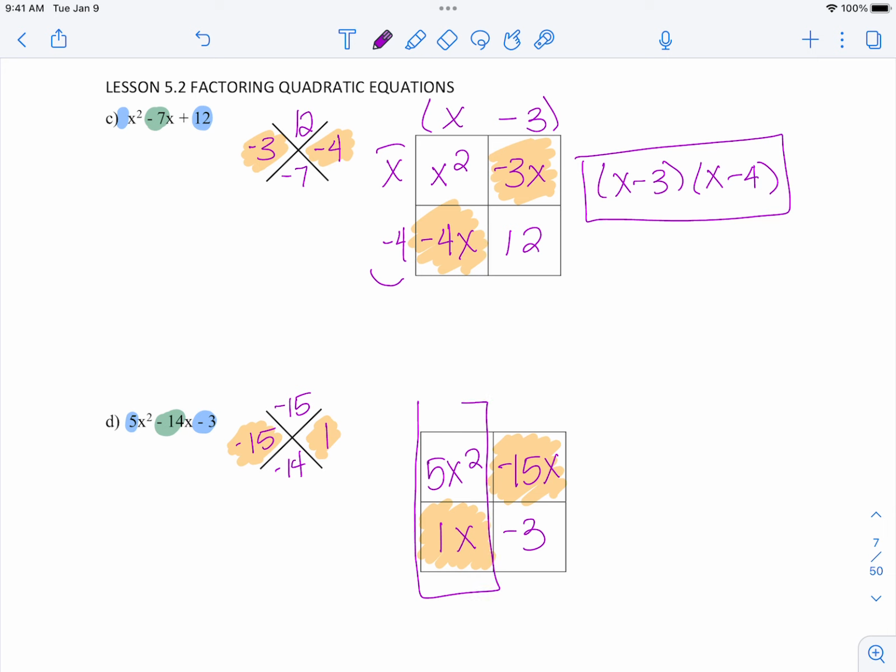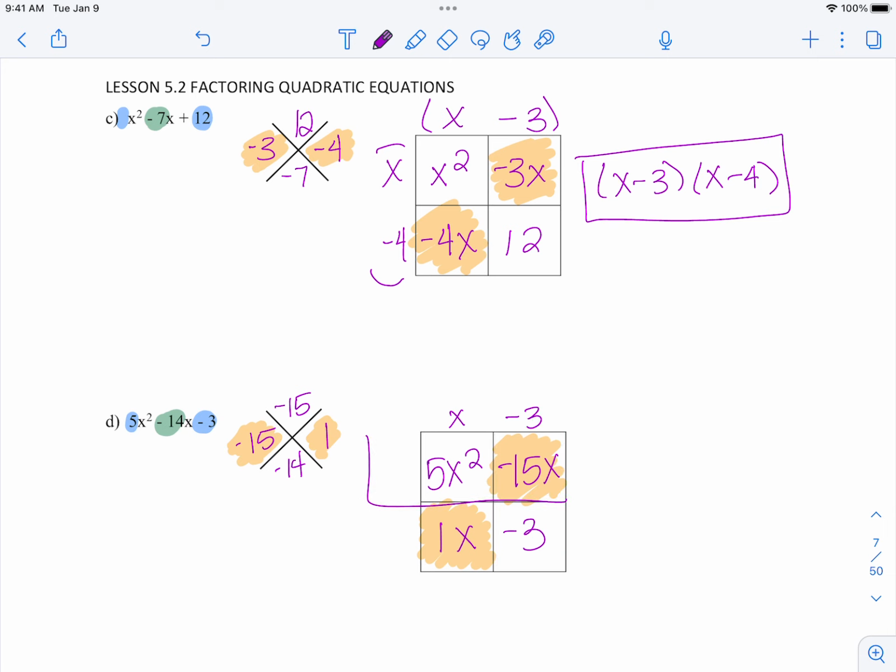Okay, GCF of the first column is going to be x. If we look at the second column, I have negative 15x and negative 3, so the GCF will be negative 3.